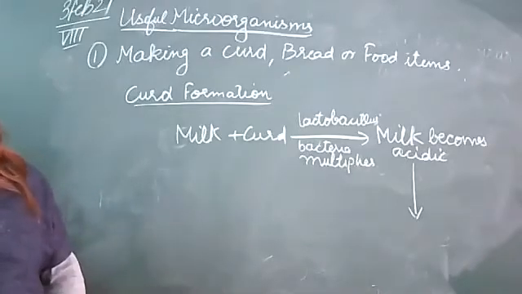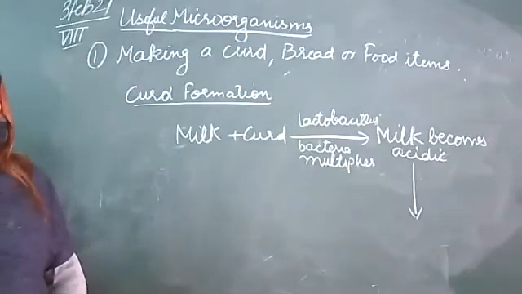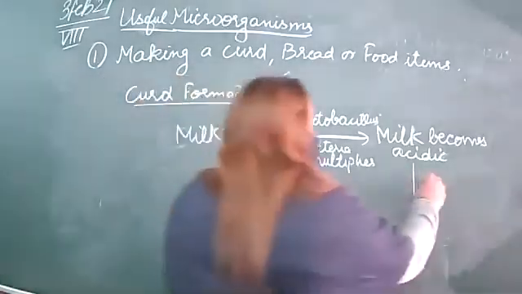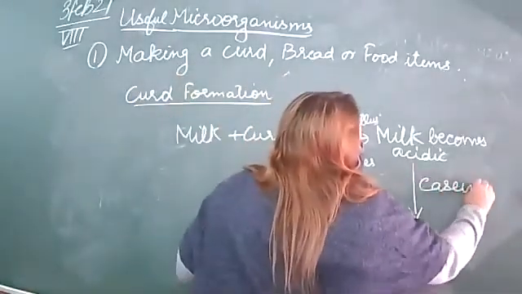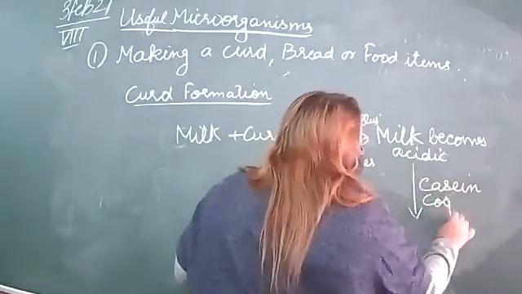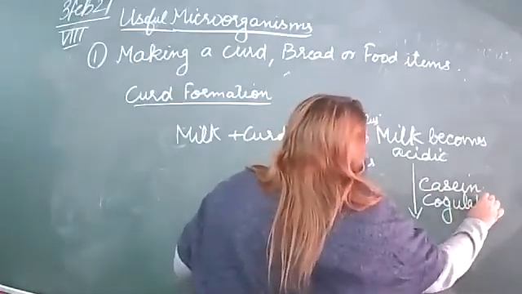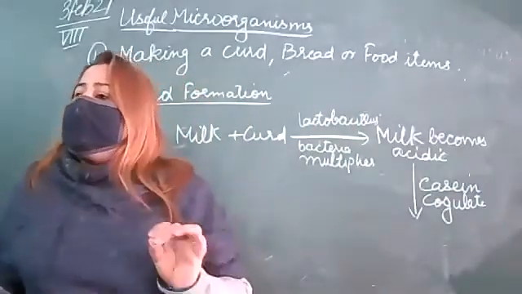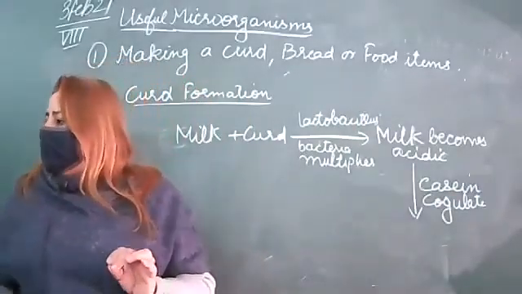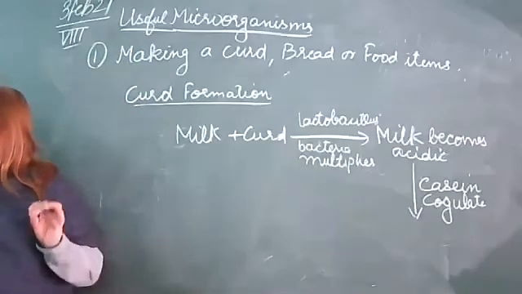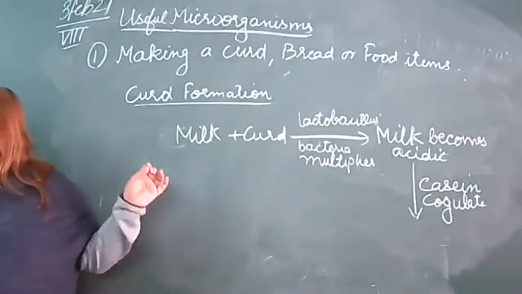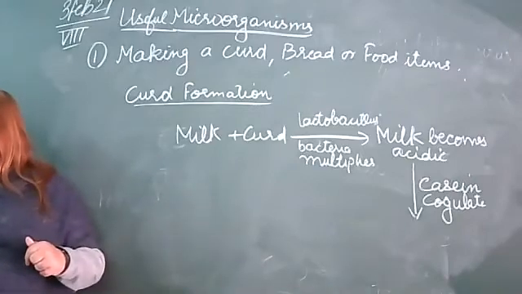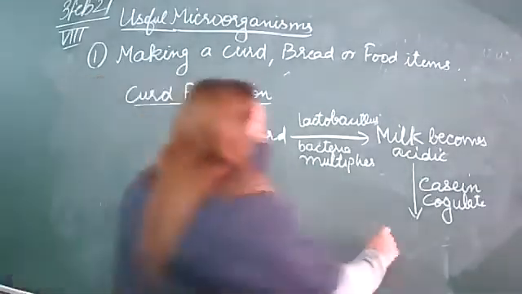Write down casein coagulates. What is casein? That is the protein present in the milk. Protein present in milk is called casein. That coagulates, means जम जाता है, and that helps in the formation of the curd. तो इसके बाद क्या होता है?